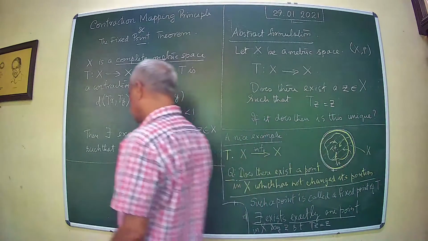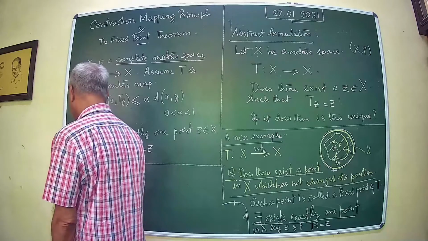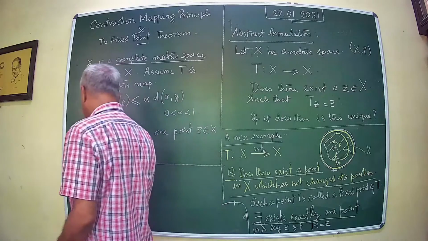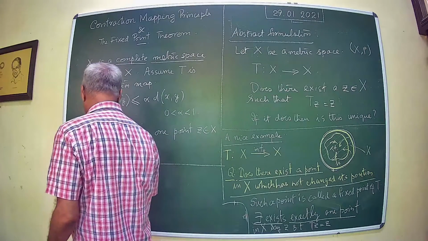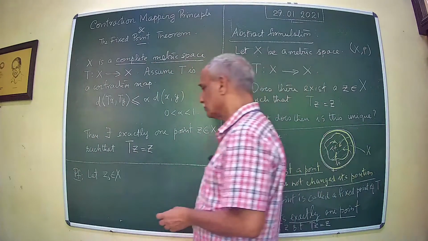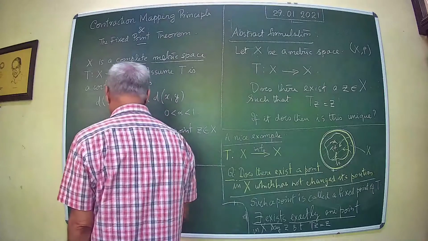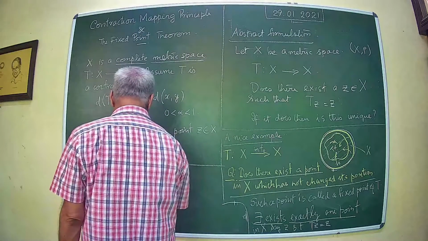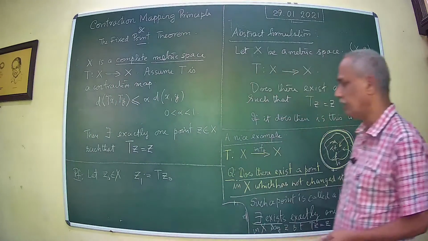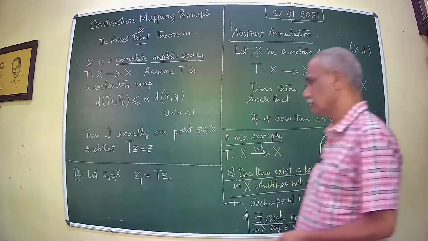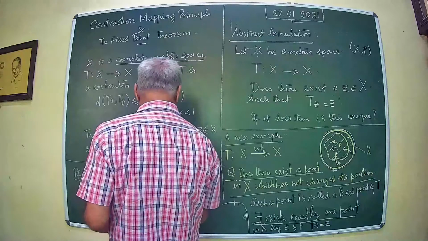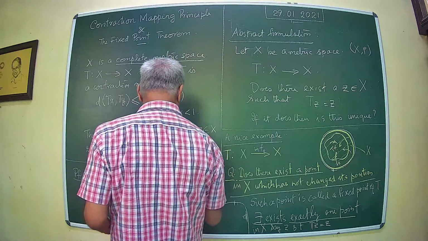So we start with, let z0 belong to X. What you do is you define z1 as T of z0. And then you define z2 as T of z1.